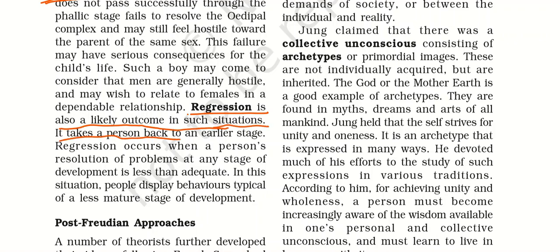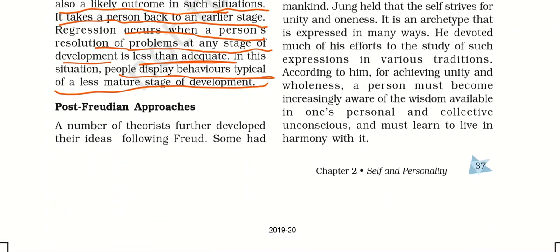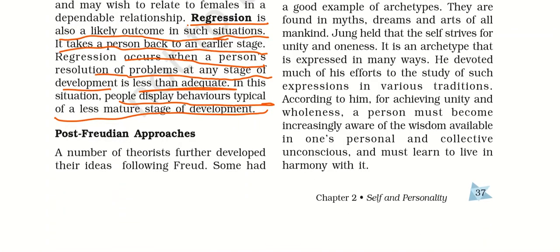It takes persons back to an earlier stage. Regression occurs when a person's resolution of problems at any stage of development is less than adequate. In this situation, people display behaviors typical of less mature stages of development. That is regression. Now, we have a lot of post-Freudian approaches.